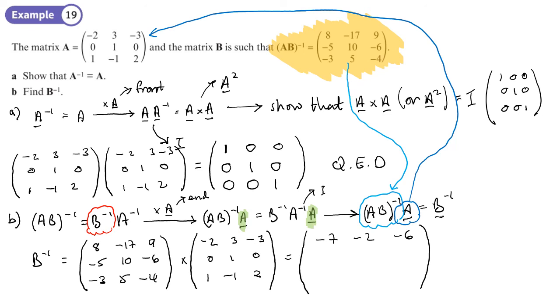Middle row, first column, so we'll just work that out. That's going to be 10, nothing, and negative 6. So 10 minus 6 is 4.